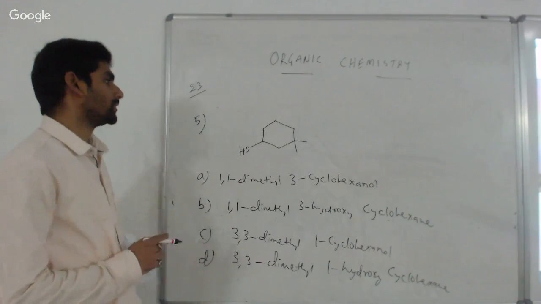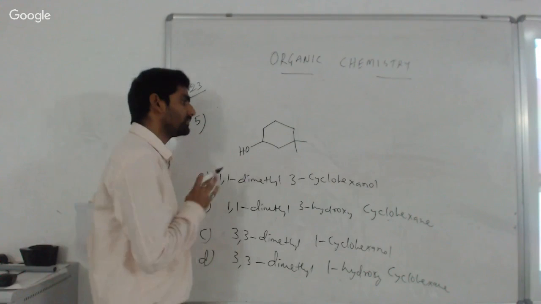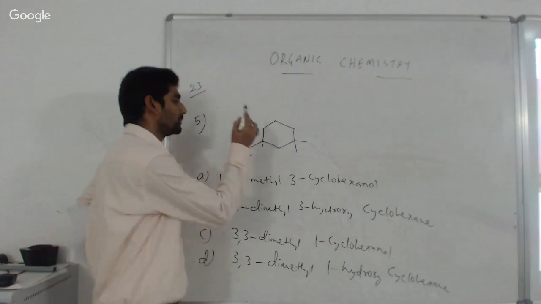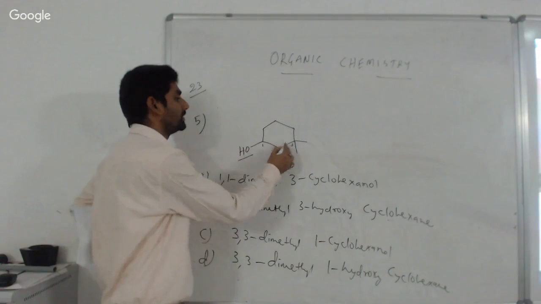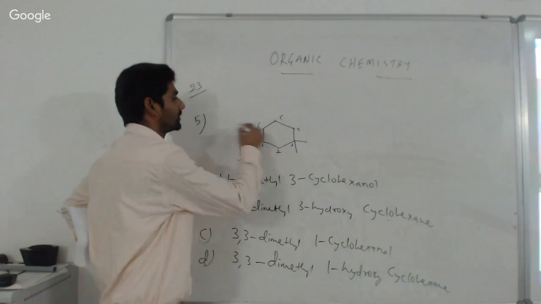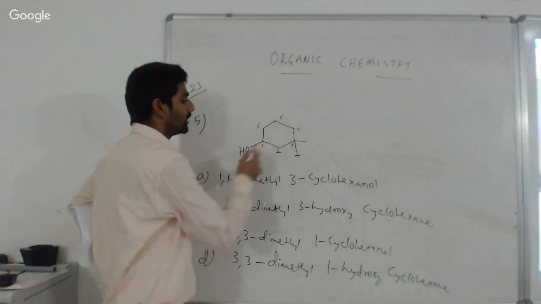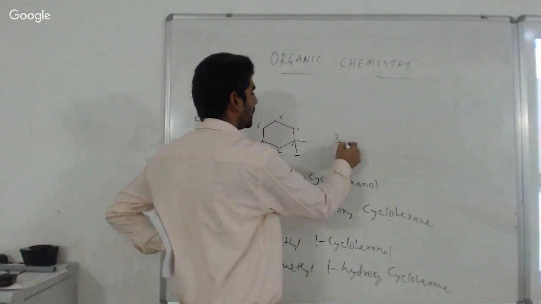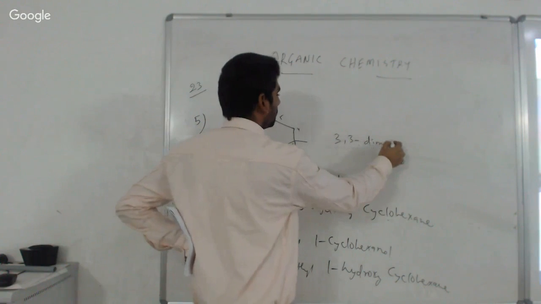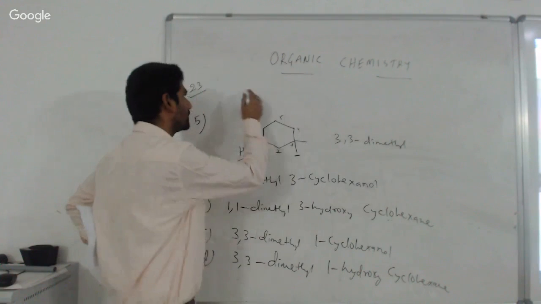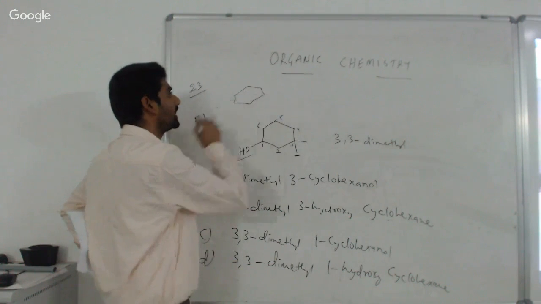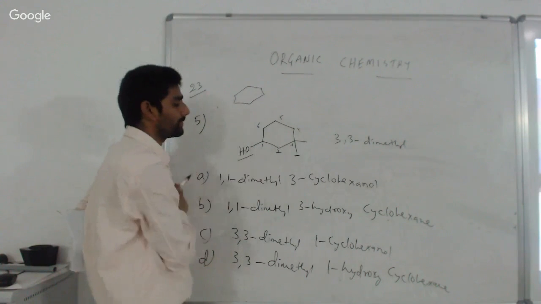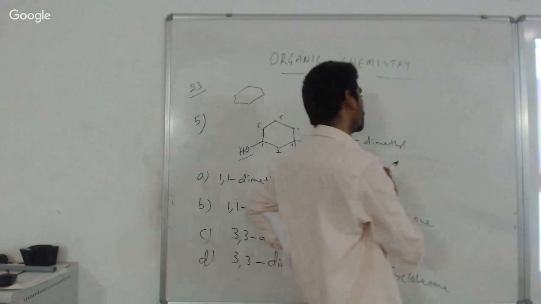So always we use the least number for the functional group. Here the function is alcohol, so numbering starts from here: 1, 2, 3, 4, 5, 6. At the third carbon there are two methyl substituents, so we get 3,3-dimethyl. This alicyclic ring we call cyclohexane. In the first position alcohol is present, and the suffix for alcohol is ol.